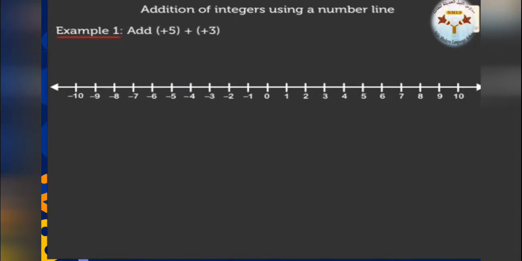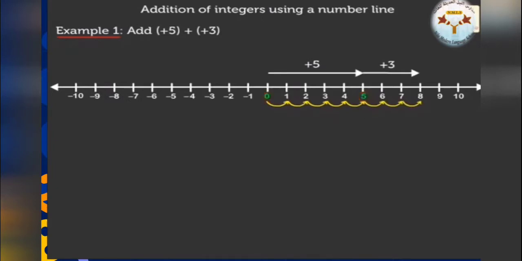Example 1. If I want to add positive 5 plus positive 3, I will start from 0 and move 5 places to the right to show 5, and from 5 move 3 more places to the right to add 3.